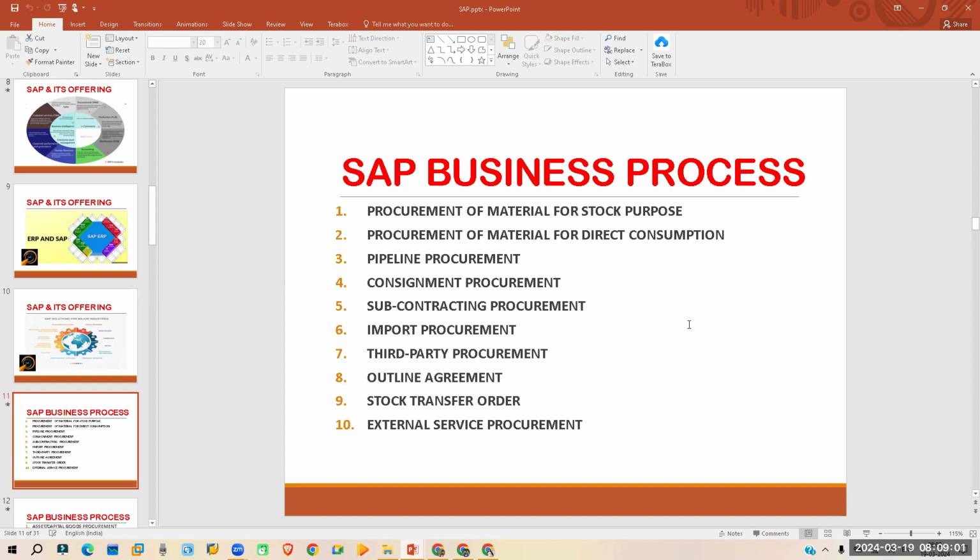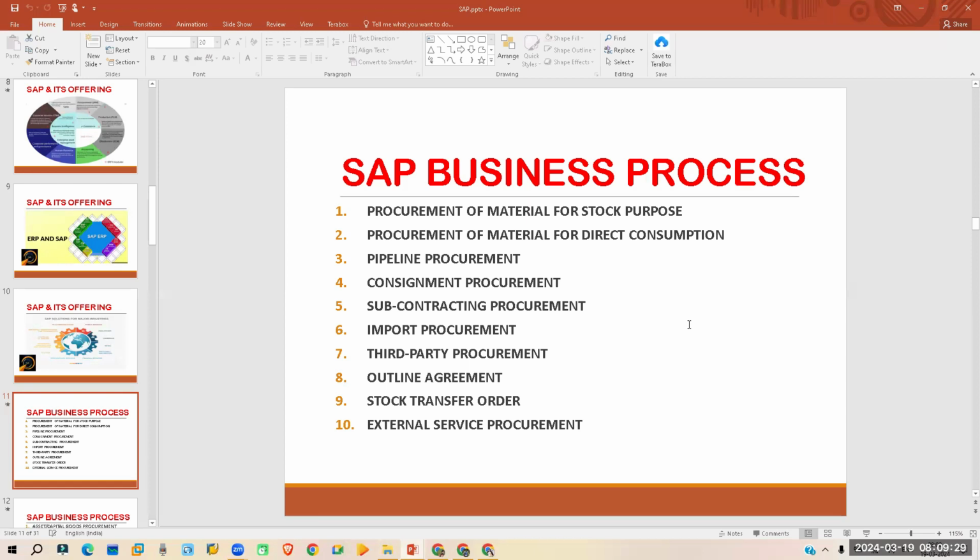Everything is flowing to your home. Whenever you need it, you can use it directly, and after a settlement period, say one month, a bill comes and you have to settle that amount. So this is pipeline procurement.